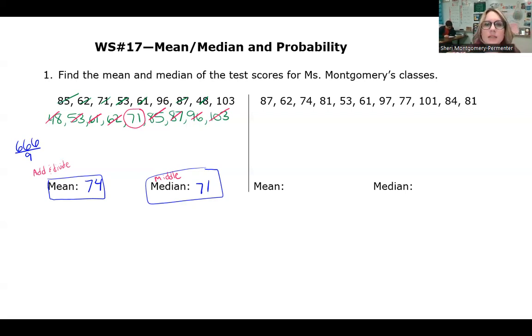All right, good job. Yes, the mean is 78 and the median is 81. That is what I got as well.